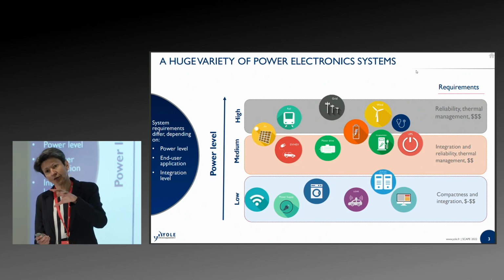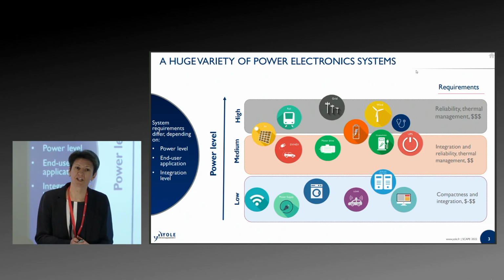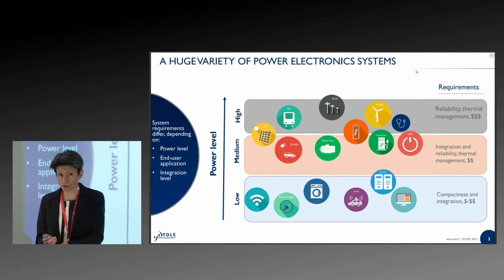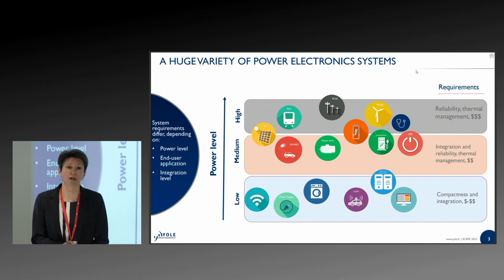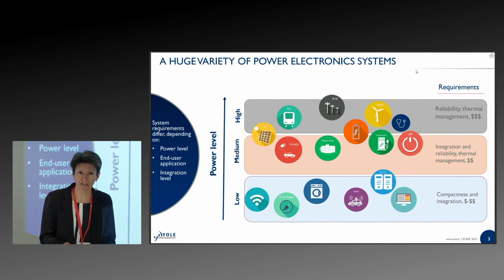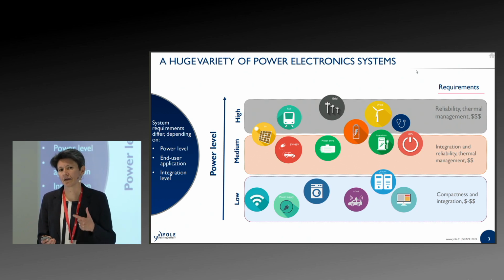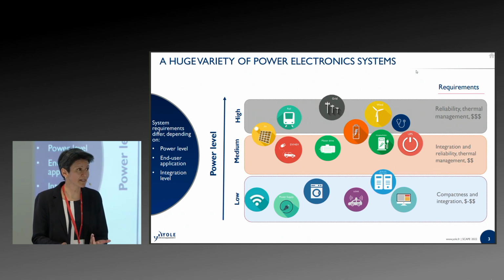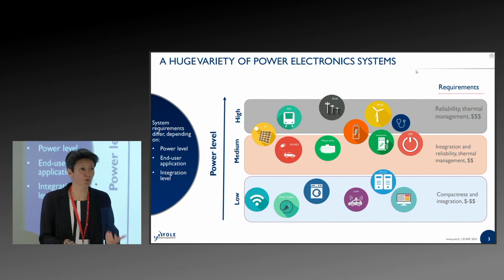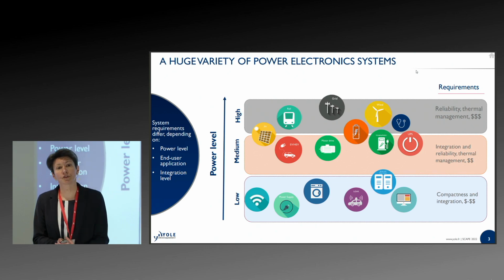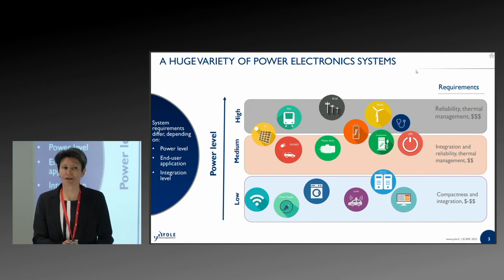And as you know, we can go into some medium level power applications, so electric vehicle, motor drives, a big market, half of the market for power electronics is for these motor drives, some charging stations, and there you start to have reliability, importance, and thermal management, because we will be having higher power levels. We will be talking about power modules, so for sure getting the heat out of the power modules will be very important.